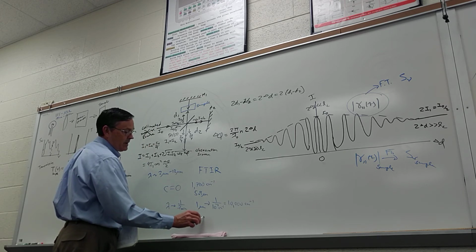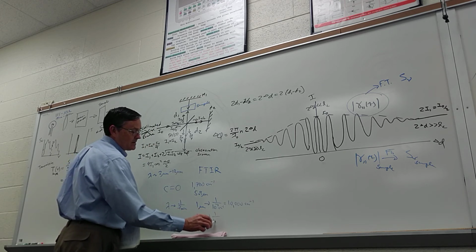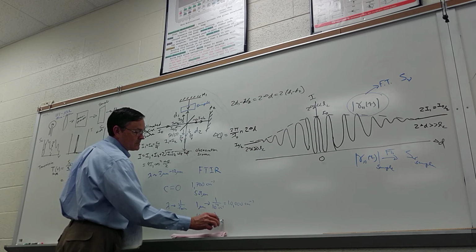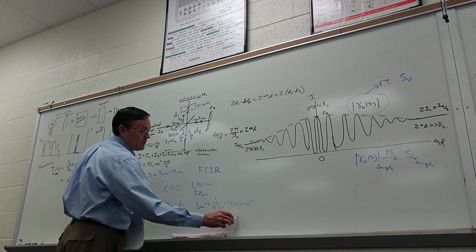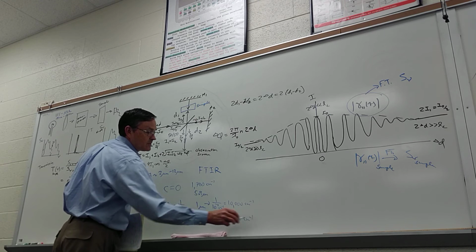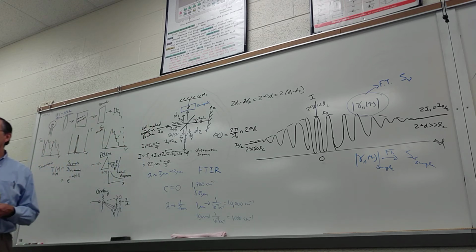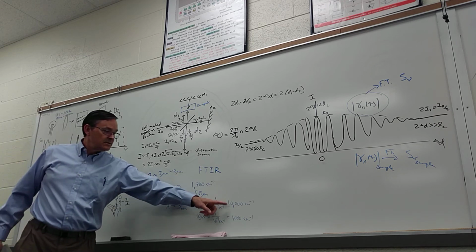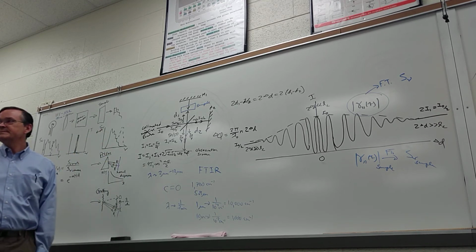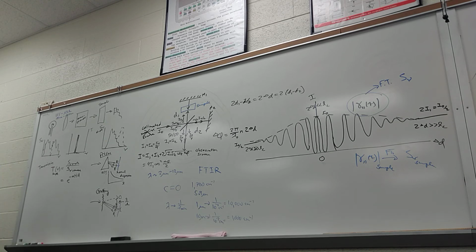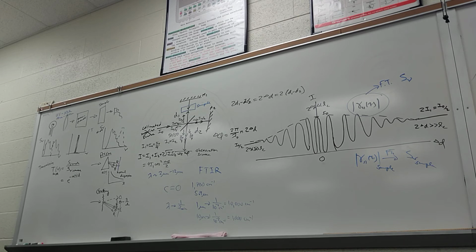If you're at 10 microns, that's 10 to the minus 3 centimeters, so that's 1,000 inverse centimeters. For whatever reason, the chemists like to show the wavelength in those units, but it's easy to do the conversion. It's not a big deal. Okay, so any questions? All right.